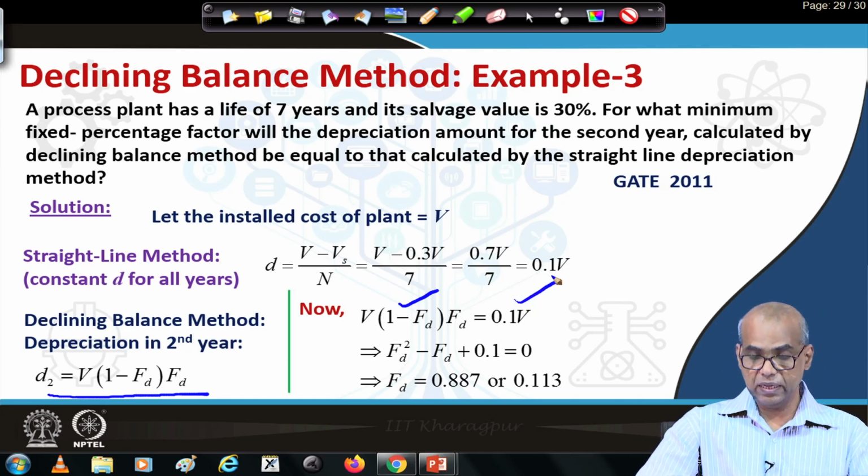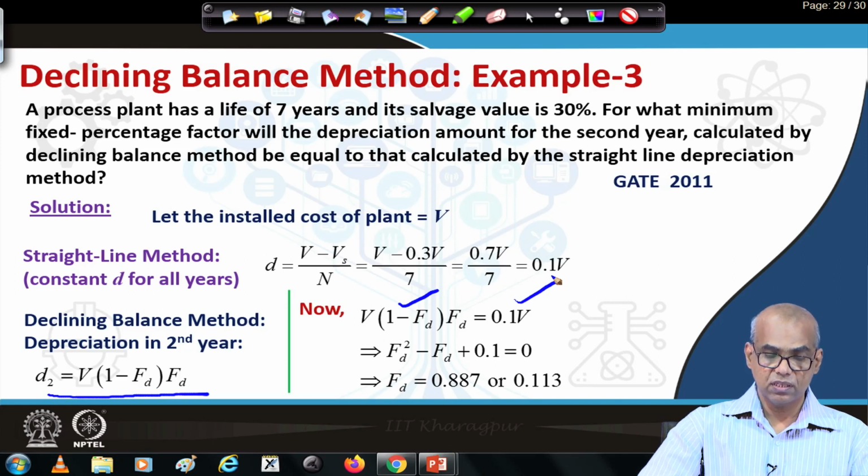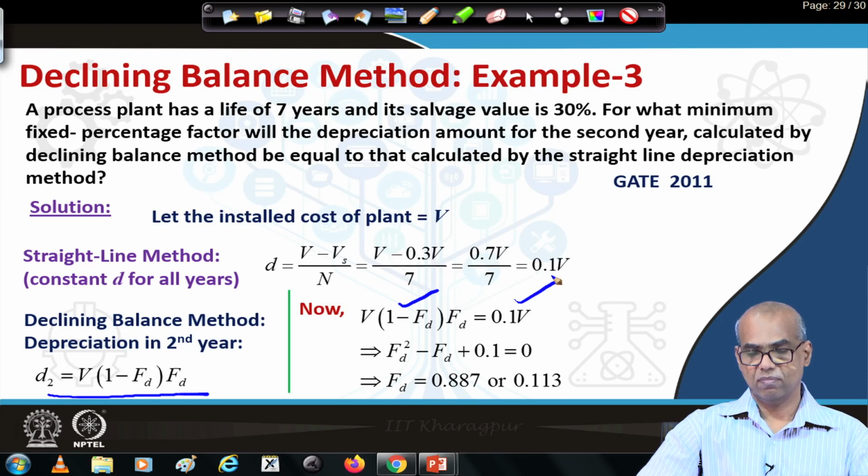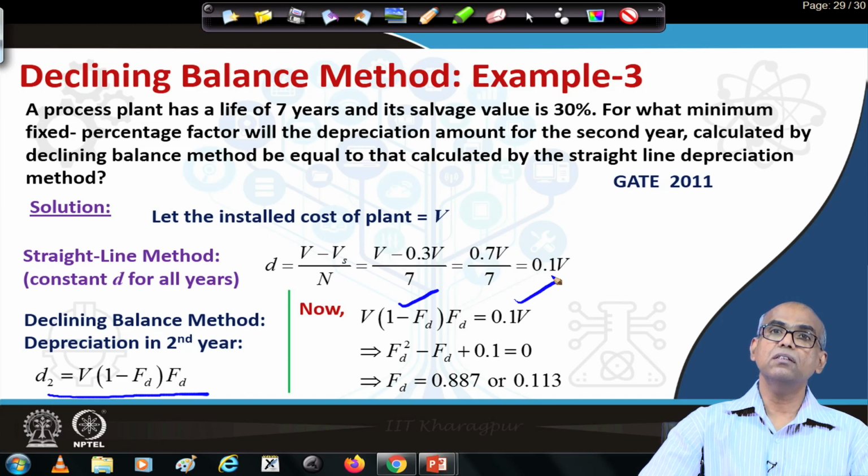So, V gets cancelled from both sides and you get a quadratic equation in terms of FD. It has two roots, FD is 0.887 or 0.113. Now, which one should be the correct answer for our problem? We have to remember that there is a restriction on the value of FD.